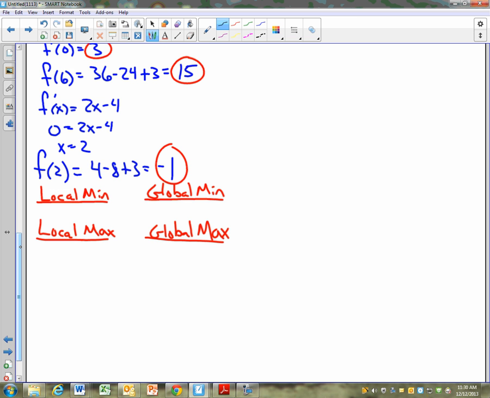What is the local minimum? Negative 1. Does it have a local maximum?